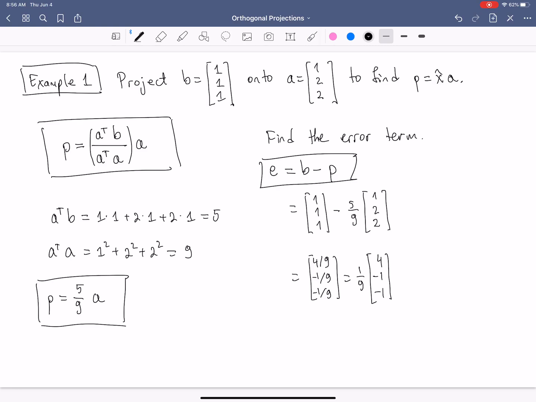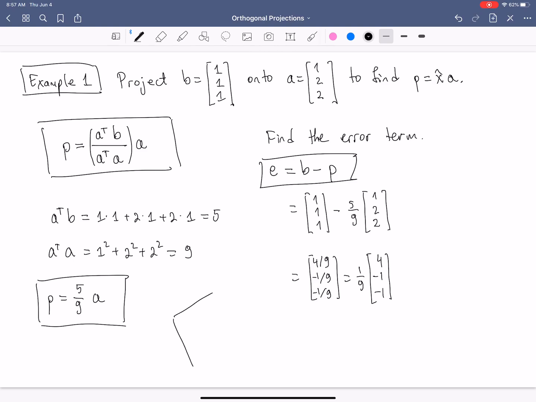The line passing through A is a one-dimensional subspace, and all the error terms actually fill out a plane, which is the space orthogonal to the line A. And what we have done is we have decomposed the vector B into a part along the line and a part along the plane. So if I were to draw that picture, let's see.